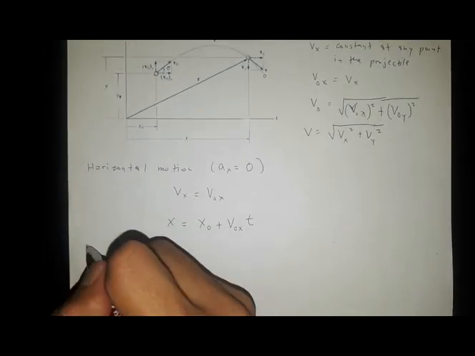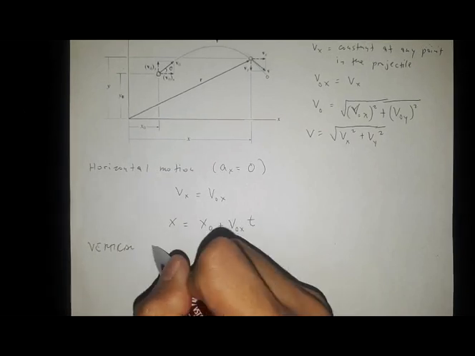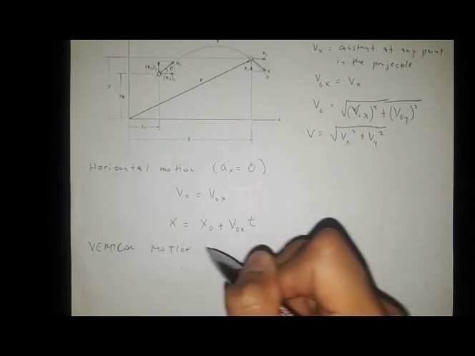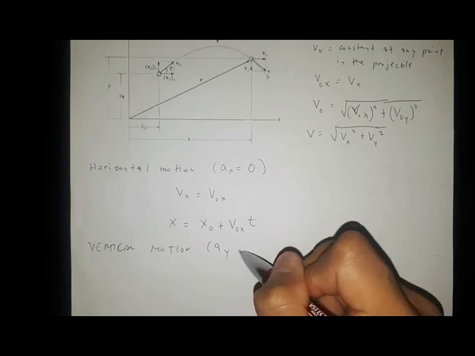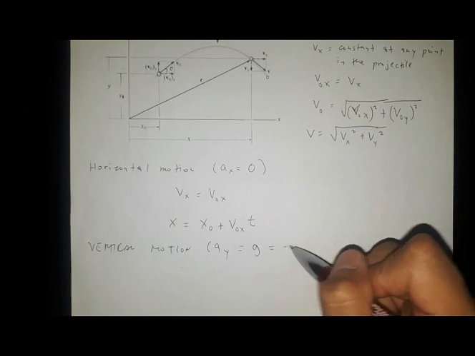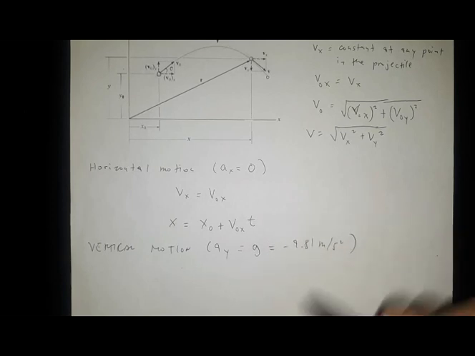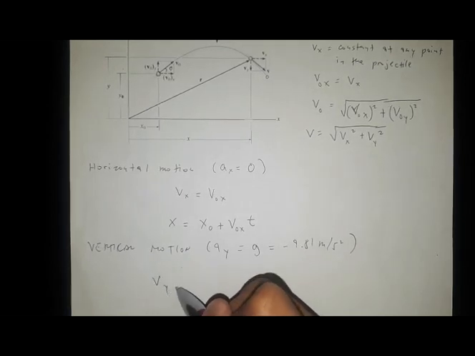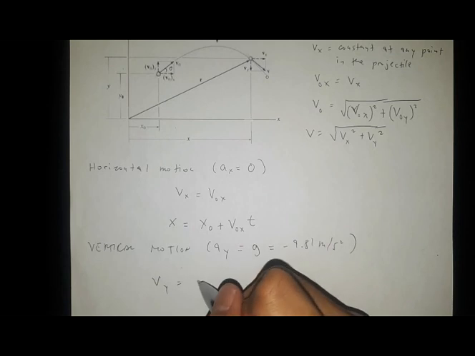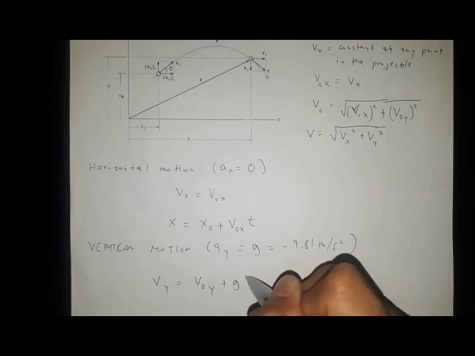Now, for the vertical motion, your ay is equal to gravity equals negative 9.81 meters per second squared. So, your Vy, or the y component of the velocity, is Voy plus gt.